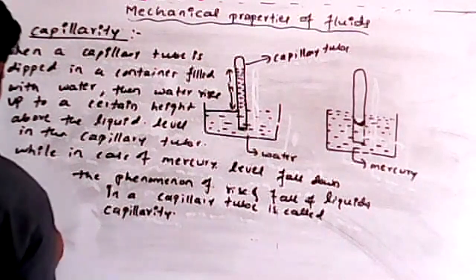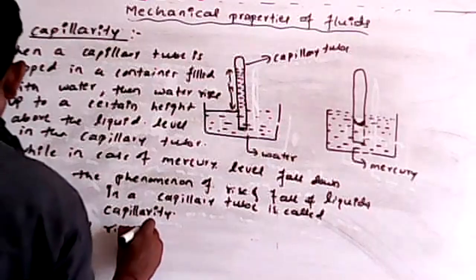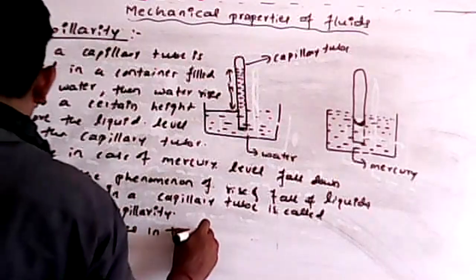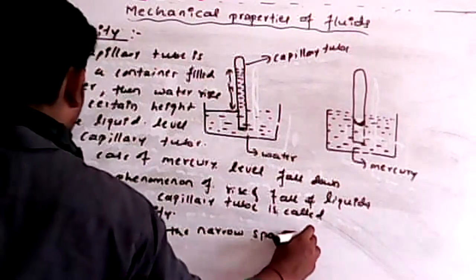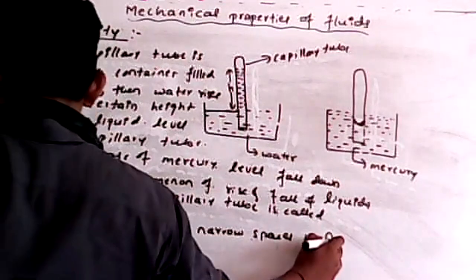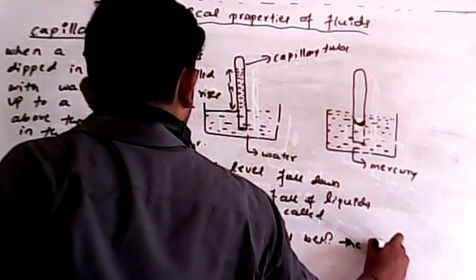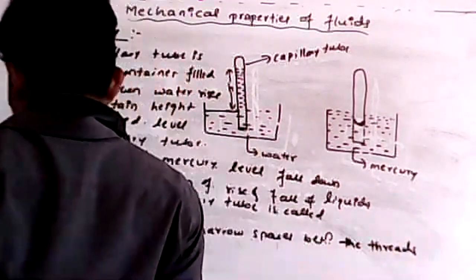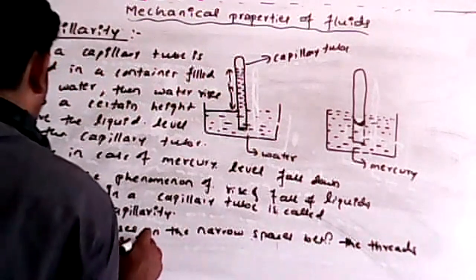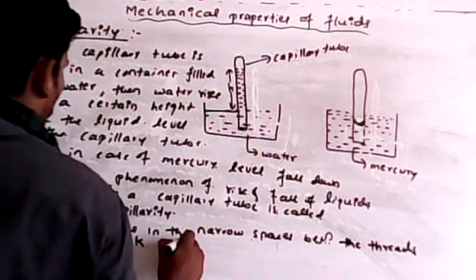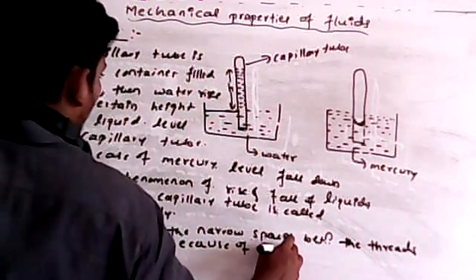Oil rises in the narrow space between the threads of wicks because of capillarity.